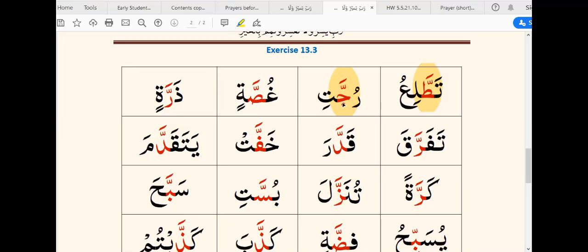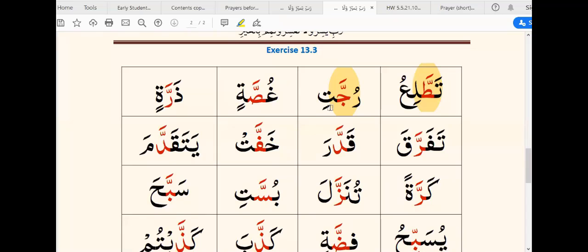So we're going to produce letter Jim with a fatha sound, Ja. Rujja. As you can see, we're producing Jim sound 2 times, and it has a shadda. That means that Jim is present 2 times. Rujja. And then we're going to join with letter Ta that has a kasra.